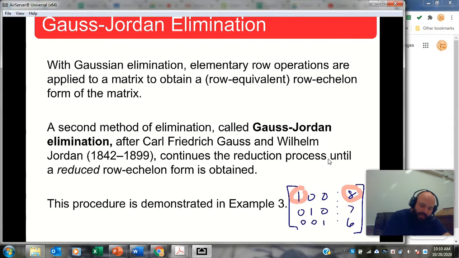Now, the same thing, this column right here represents the y's. So if there's only one y, there's a 1 right there, that tells us that y is 7. And then the last part is this column represents the z variable. And so there's only a 1 right there. And so that tells us that z is 6.